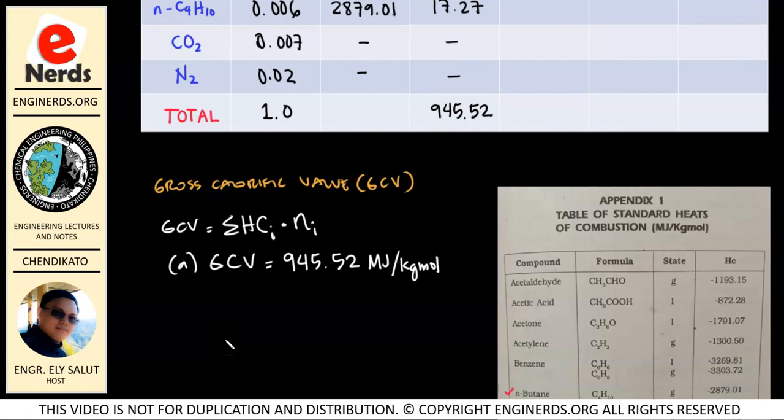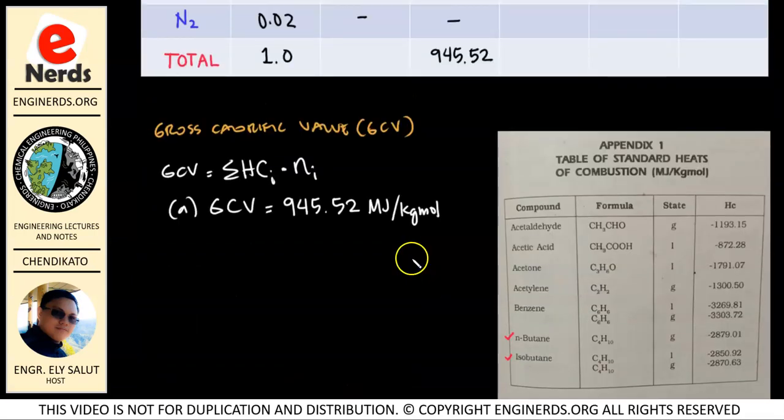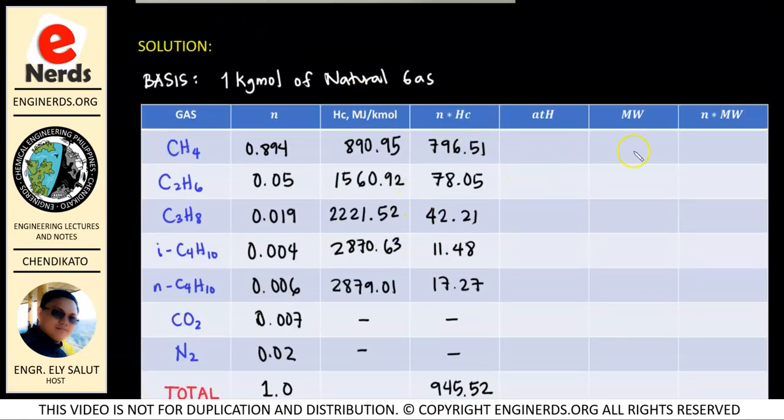Now, we can solve as well. Sabi ko nga, sasagutan din natin itong C, no? Okay, so you can get that, but first, you need to know the molecular weight ng ating natural gas. So, yung overall molecular weight na, ito yon. Kailangan makuha natin yung kanyang overall molecular weight, okay? Ito yung molecular weight ng bawat component.